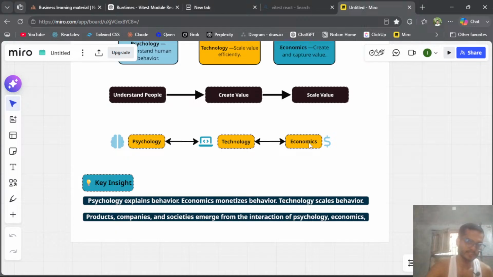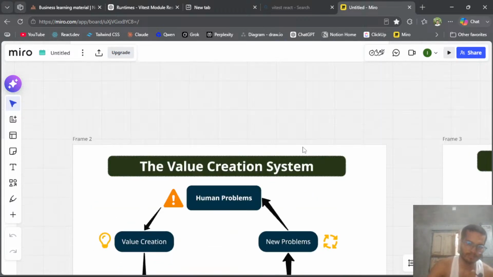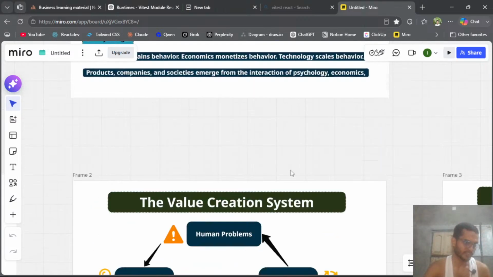Technology also influences economics. How? If you look at the American economy, they have their services, which means technological, and they have a $14 trillion economy. So technology influences economics a lot. These are interlinked, right? And you can say psychology also influences economics. That's for sure. So let's understand what value is.